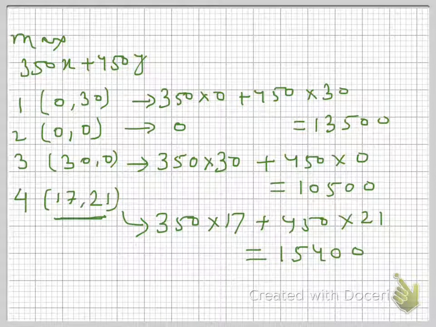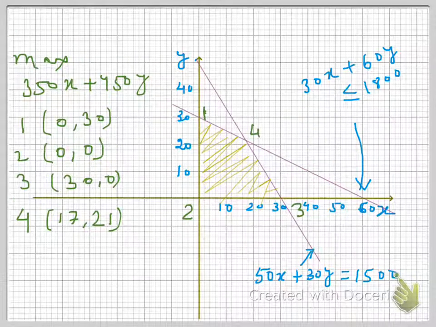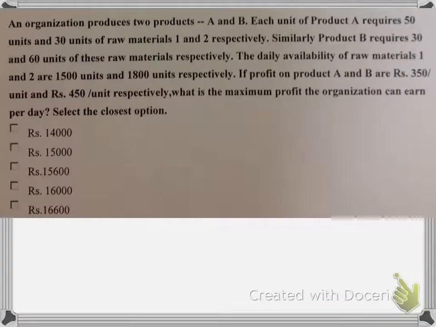So if you look at the options, then 15,600 seems to be the right answer. So our choice will be 15,600.